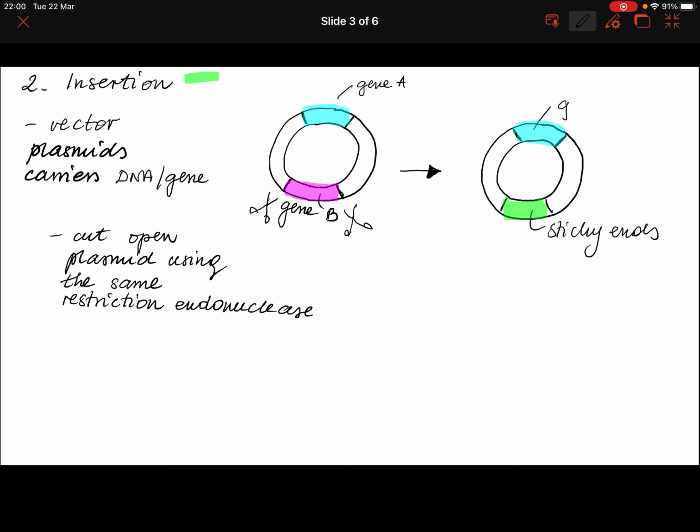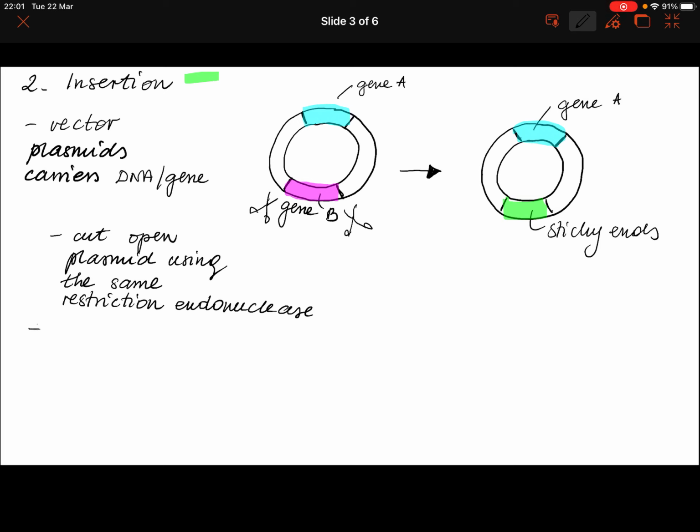Okay, so that is the gene coding for my specific protein. Still, the plasmid carries the gene A information. So technically, this plasmid is still carrying the antibiotic resistance to antibiotic A, however it lost the resistance to antibiotic B because I've removed that gene and I've replaced it with the sticky ends.